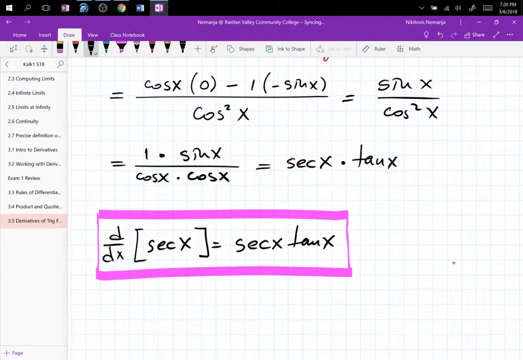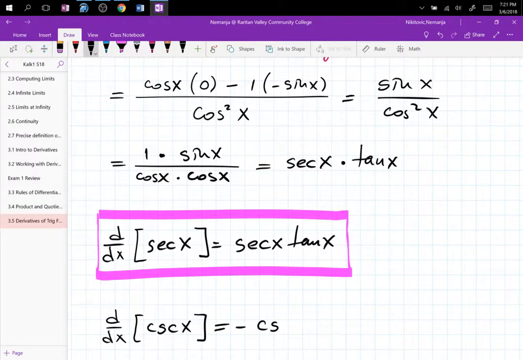At home as practice, might be on the next test as a question, like previous questions I asked you to try. The derivative of cosecant x is negative cosecant x cotangent x.